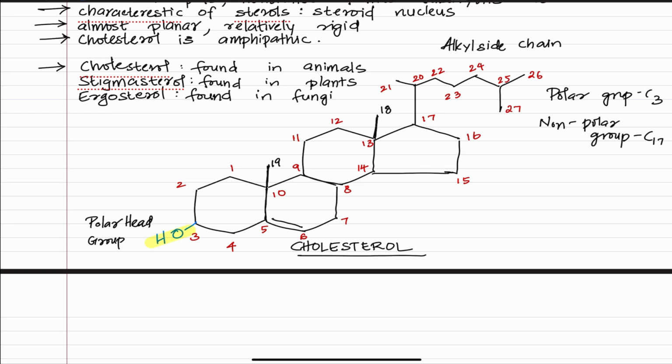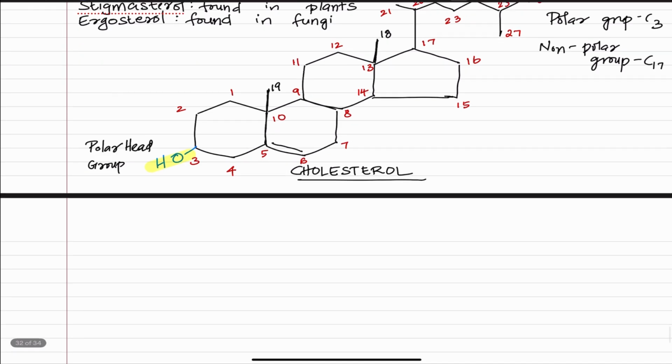Now moving on, we have to study the functions of cholesterol. So we can look into a few functions of cholesterol, which include a structural role in plasma membranes. As we all know, we've studied about the lipid bilayer. So lipids have a structural role in plasma membranes.